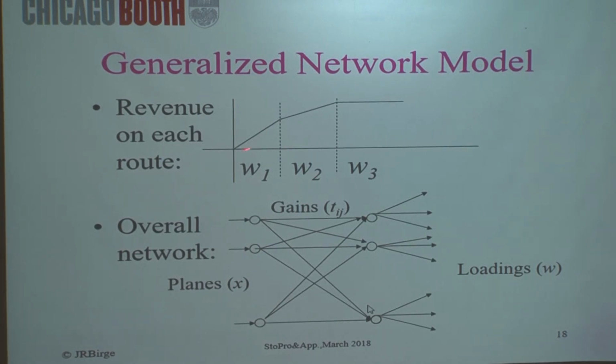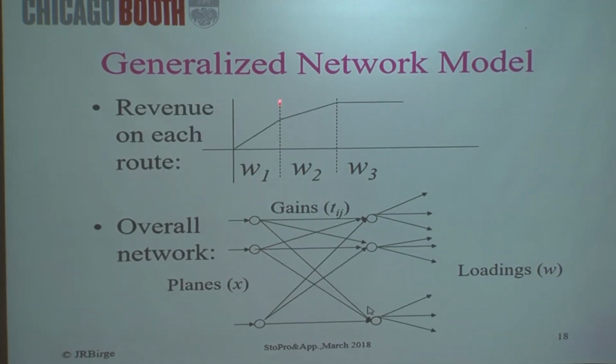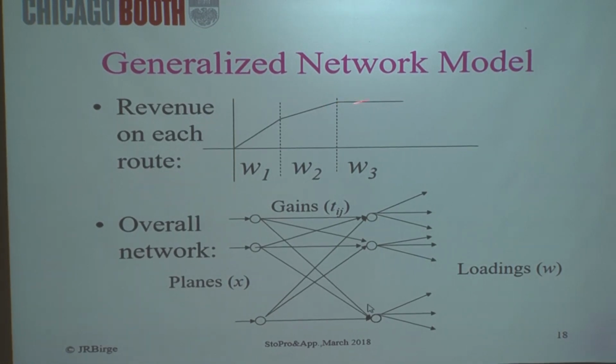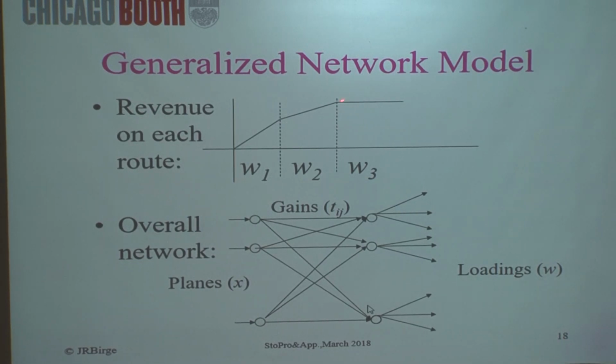At some point, as I add in more capacity, one of the scenarios is no longer binding. So that scenario is going to be limited by its demand and not the capacity, so that drops off. So I don't continue to get revenue from increasing capacity. And then I'll increase capacity until I hit the next scenario. And then at some point, it's just going to go flat because I'm at the demand level for each of the scenarios, and I'm not going to get any more. So I get this piecewise linear objective function in terms of the w's.